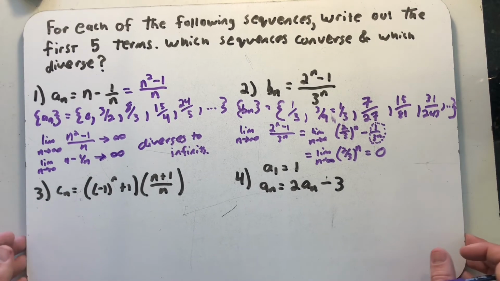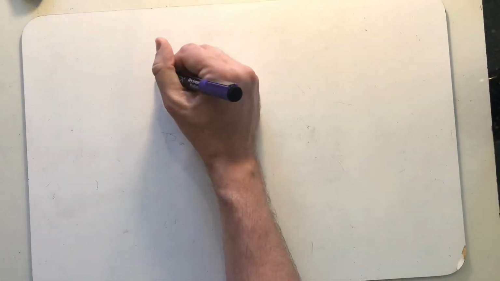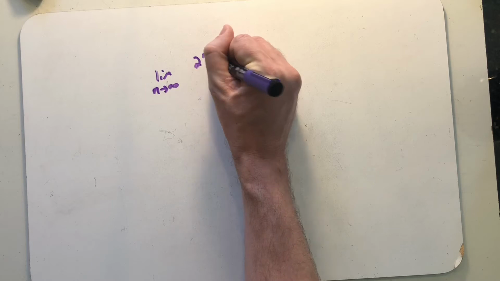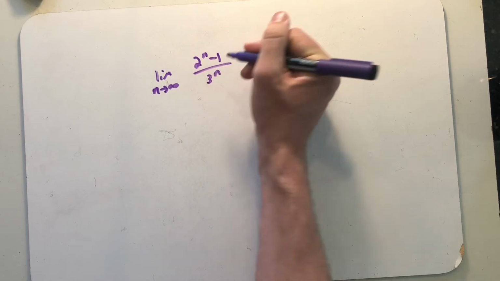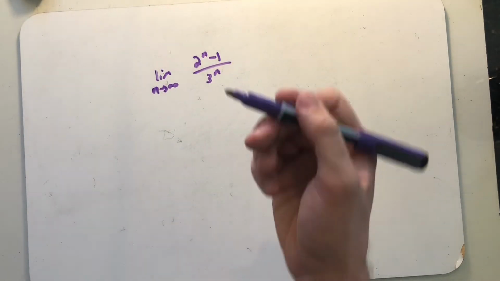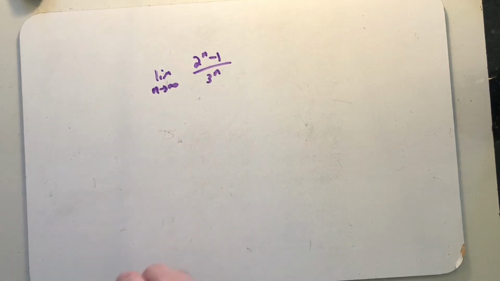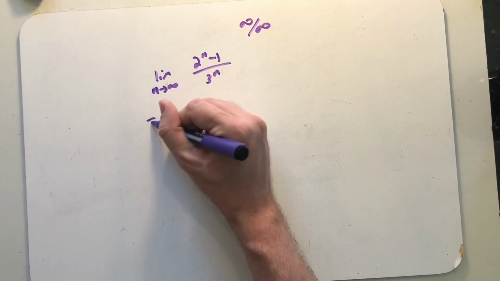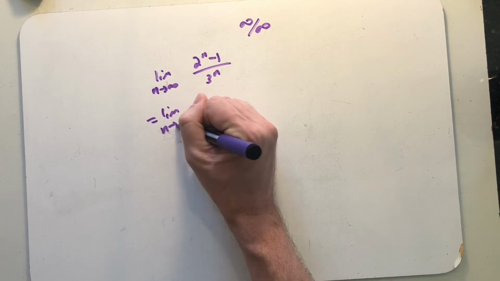I did say there was another way to take that limit, and so just very quickly, sometimes students will think back to their Calc 1 and say, well, on top I have an exponential, on the bottom I have an exponential. As n goes to infinity, that's infinity over infinity, and L'Hopital's rule would apply.